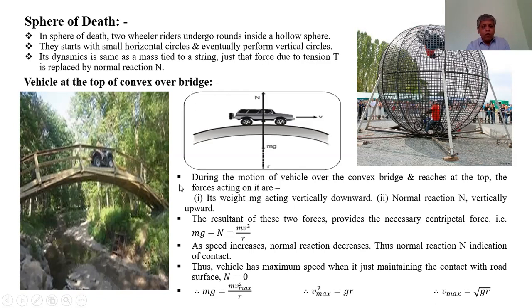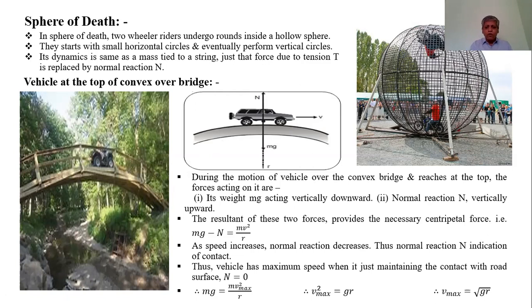At that time, what is the maximum speed required at the top point, the highest point of this circular motion? This is also vertical circular motion.